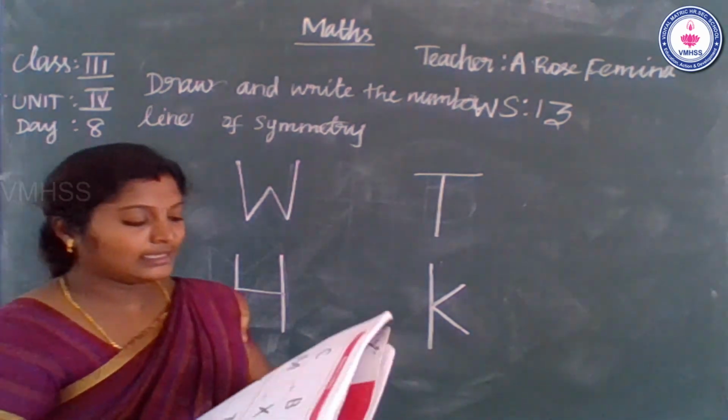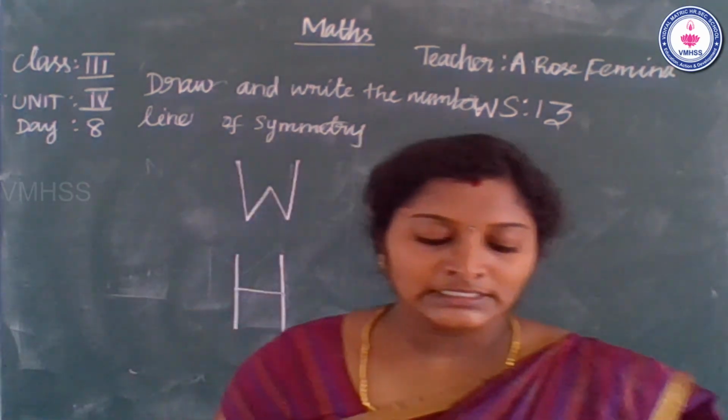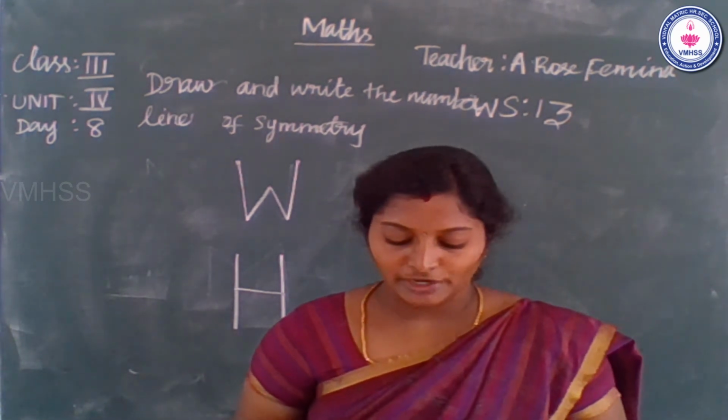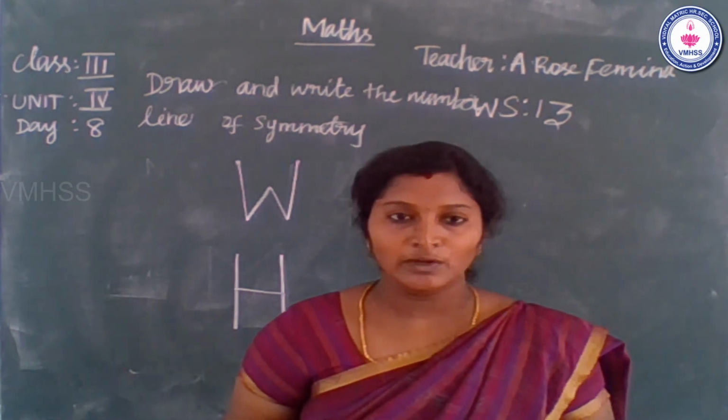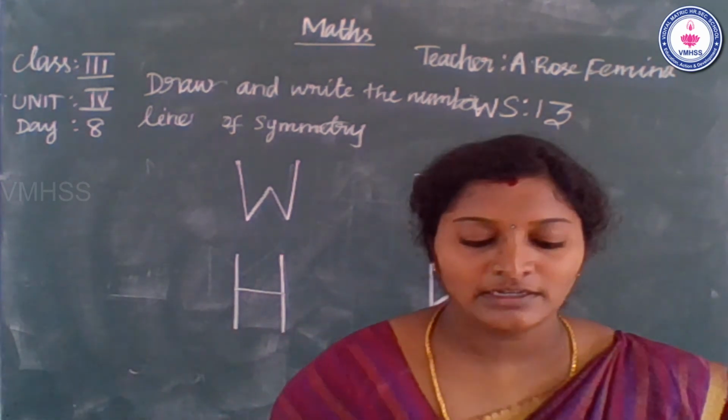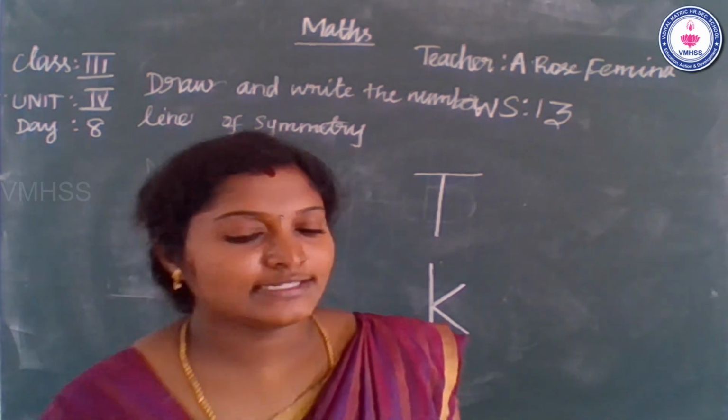What is the question? Draw and write the number of lines of symmetry for the letters given below. The first letter is W. Now we try the sum.